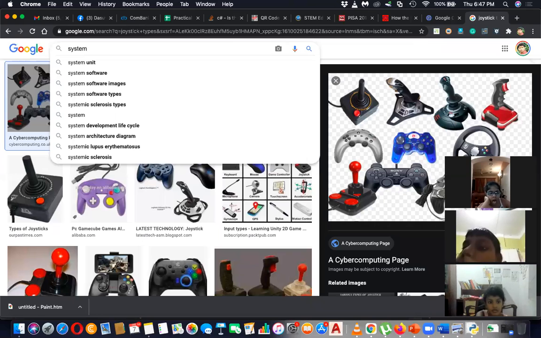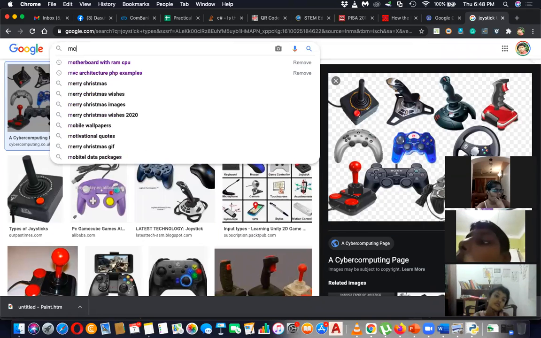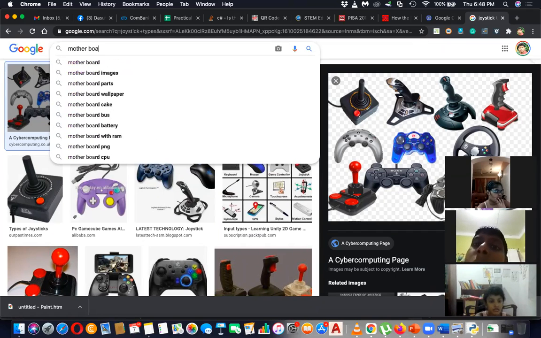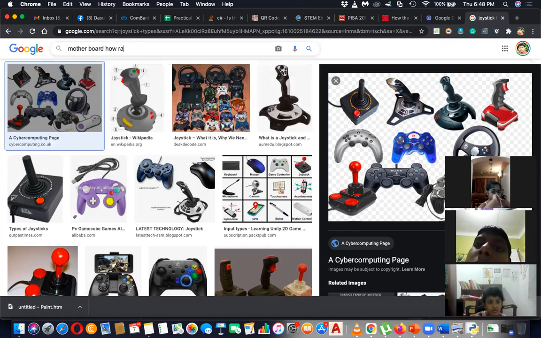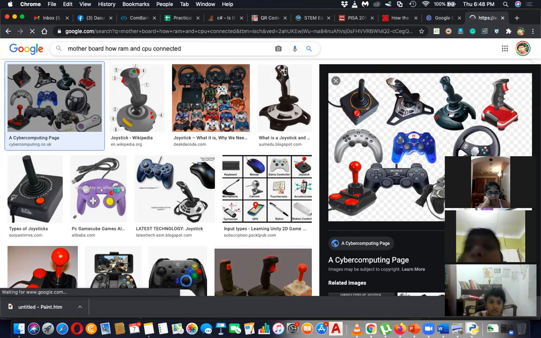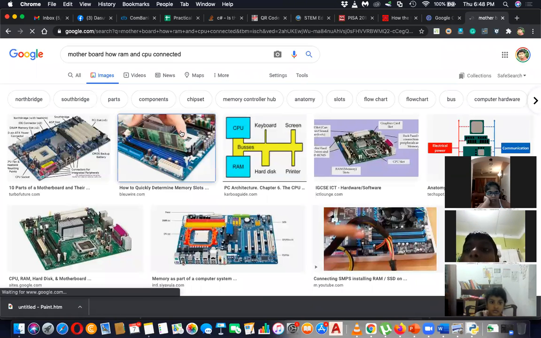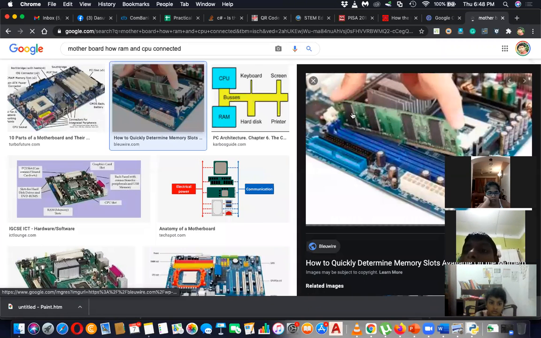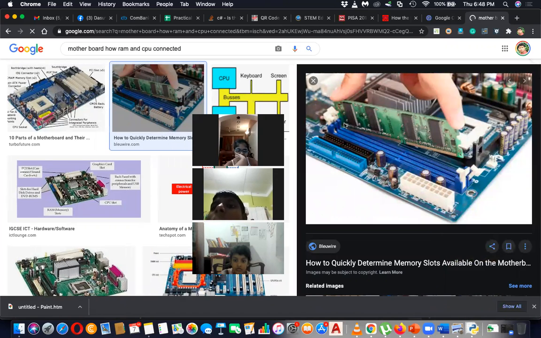I can show you the motherboard, how RAM and this CPU are connected. This is how RAM, the main memory, is connected to the motherboard. You can see in this image. This is the main memory, and this is how you connect it to the motherboard.